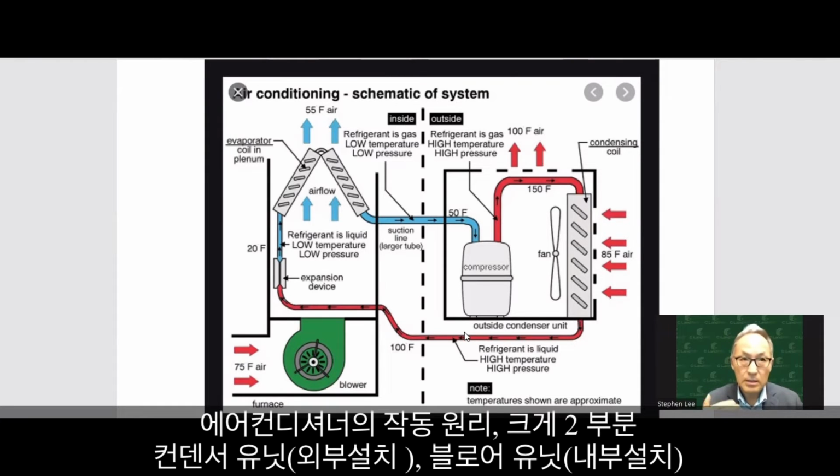That means it doesn't cool. That's also another problem area. If your air conditioning system works poorly, the first thing to suspect is whether the Puron gas is fully charged. Then you have to check this piping system all around.